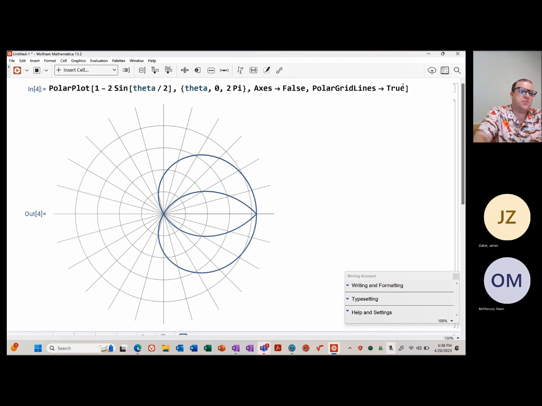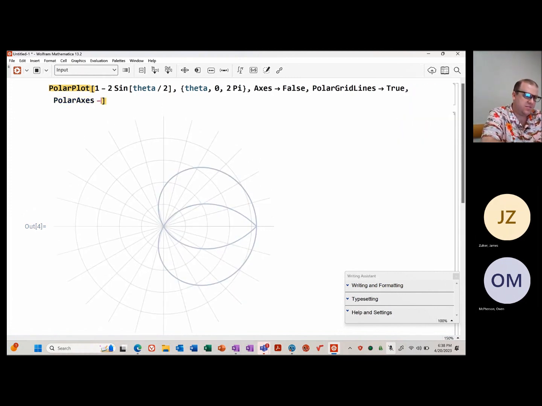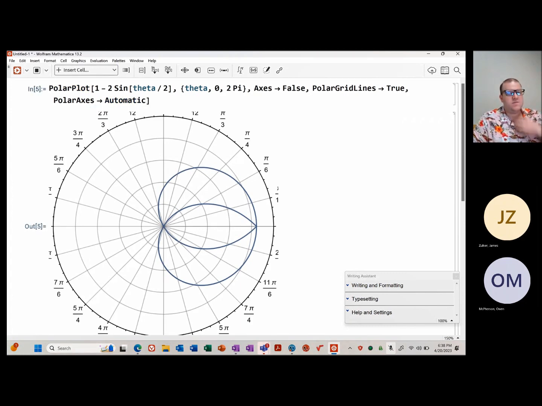And then, of course, I can still turn on. This is the true polar plane. The circles represent the different r's.